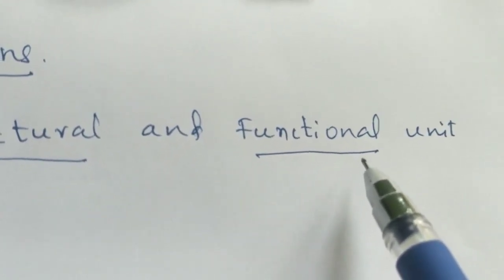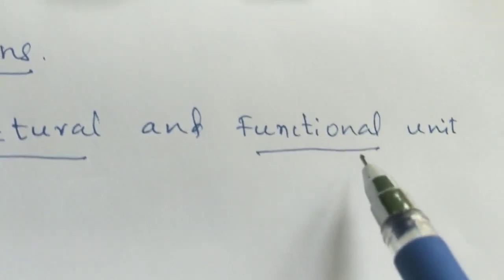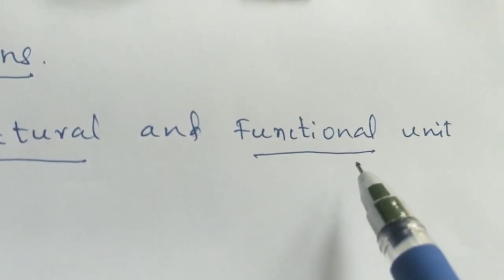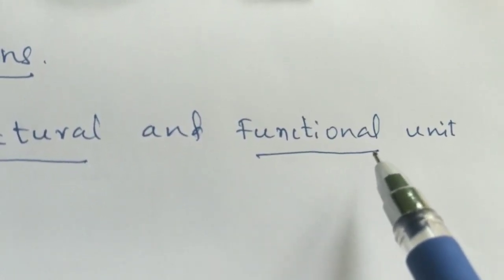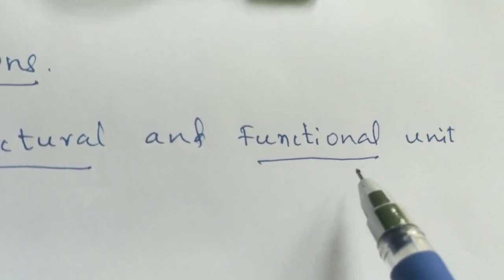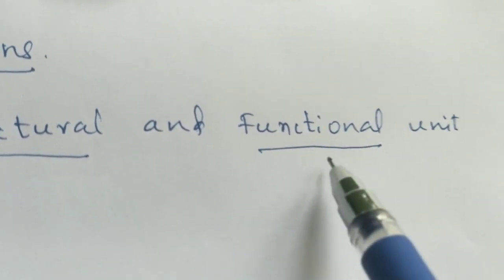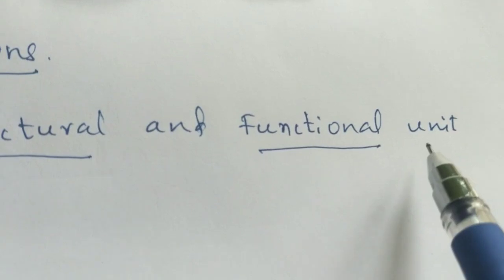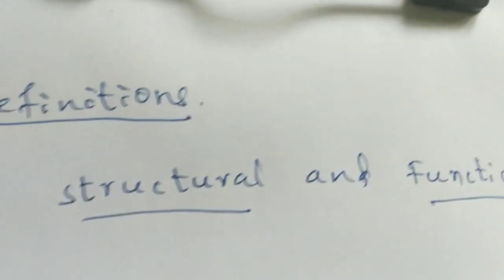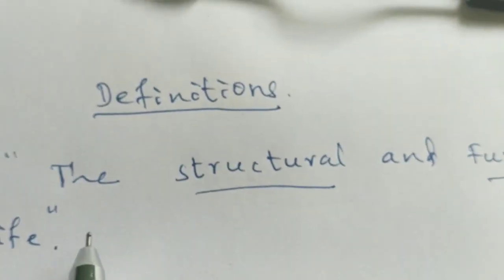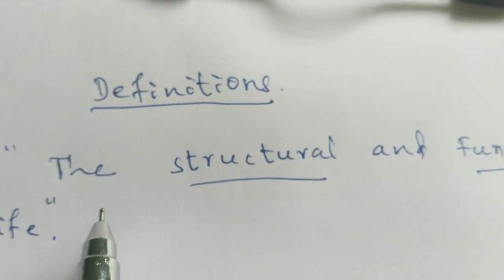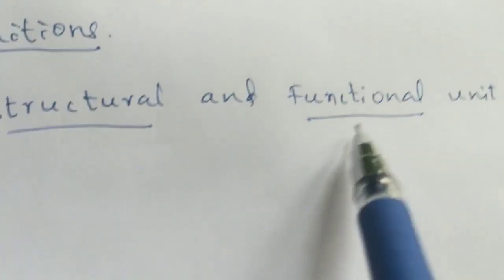Each cell performs various metabolic processes to keep the living things alive. Because of this, we say the cells are the functional unit of life. So the definition: the cell is the structural and functional unit of life.